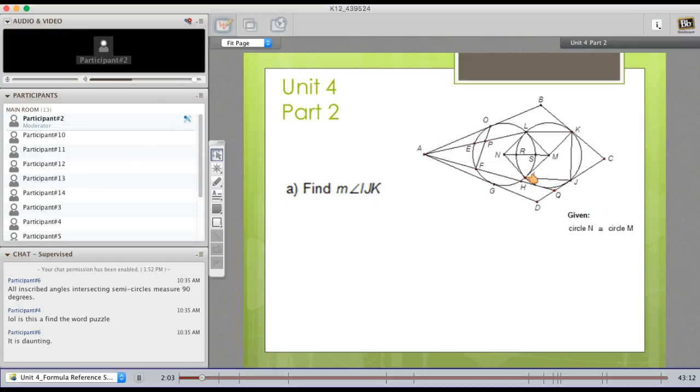And if you remember, we had a theorem that said if you have an inscribed angle in a semicircle, and this one kind of looks like point J touches right in the middle, but even if it was over to one side, it would still be 90 degrees.